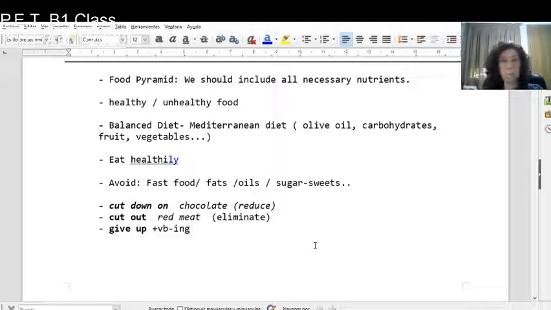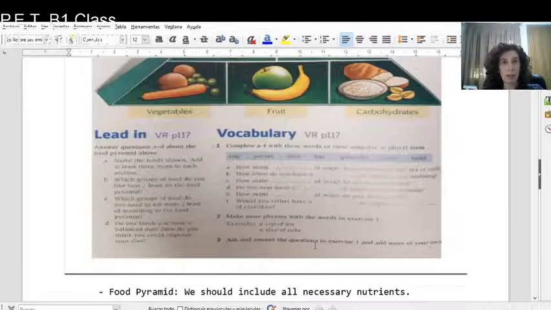After dealing with this, here you have: complete with these words in their singular or plural form. You have certain containers: cup, packet, slice, bar, spoonful, glass, or bowl.